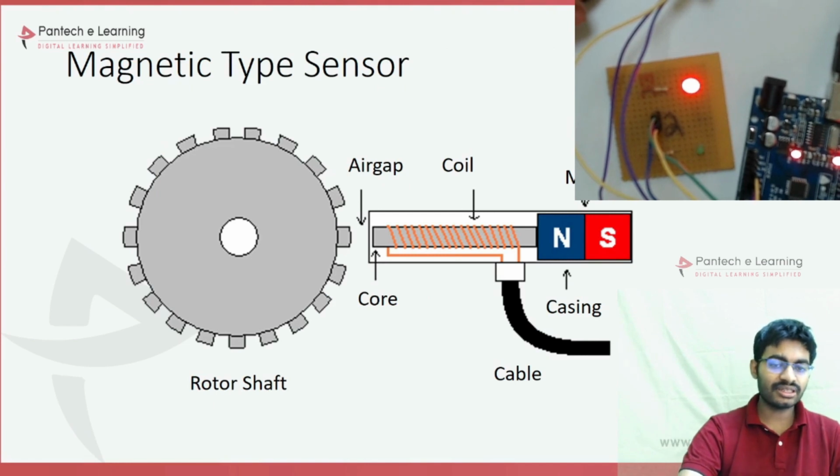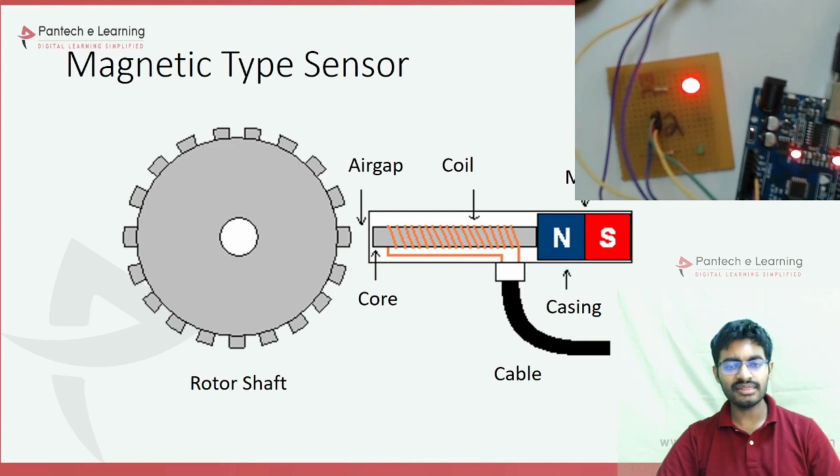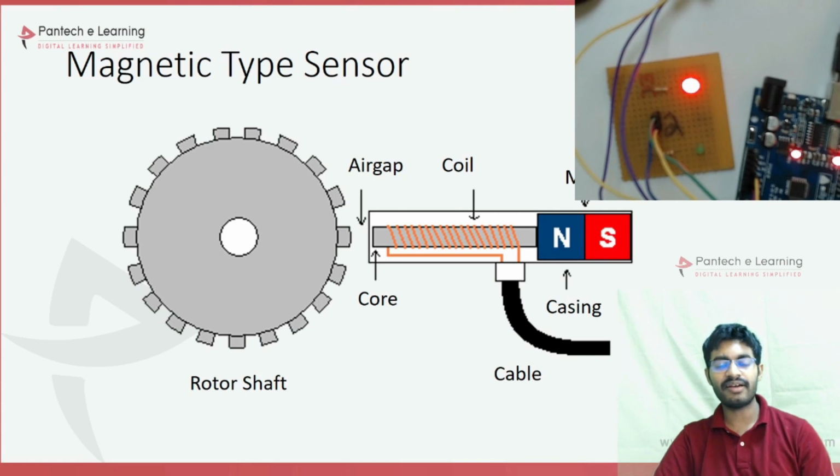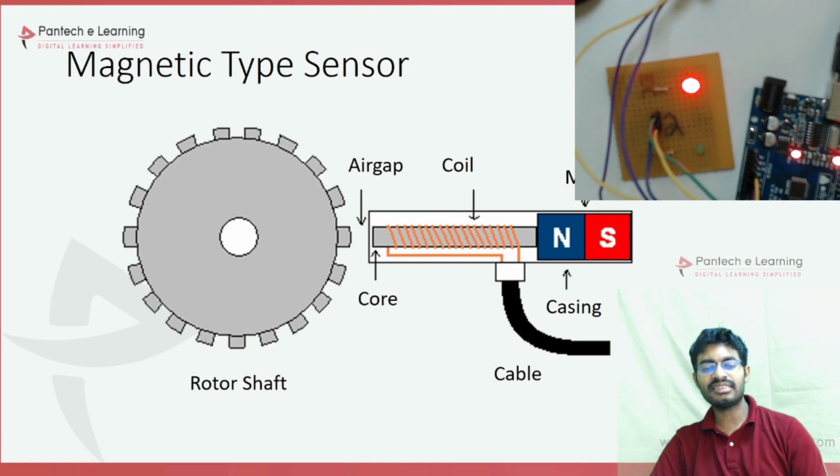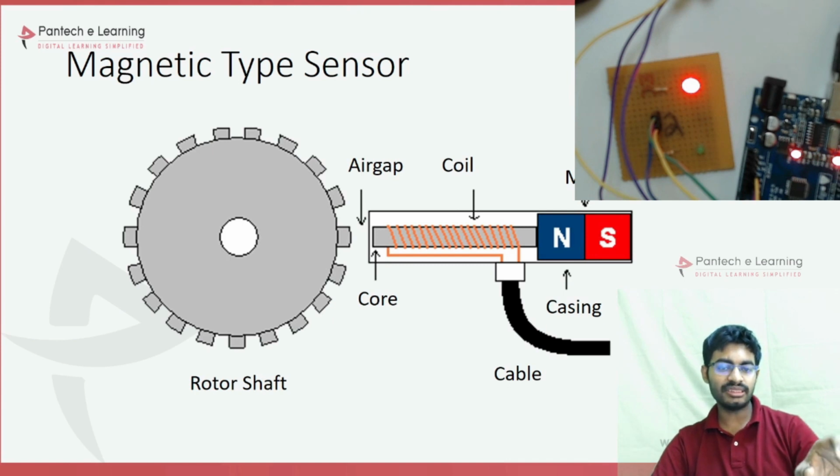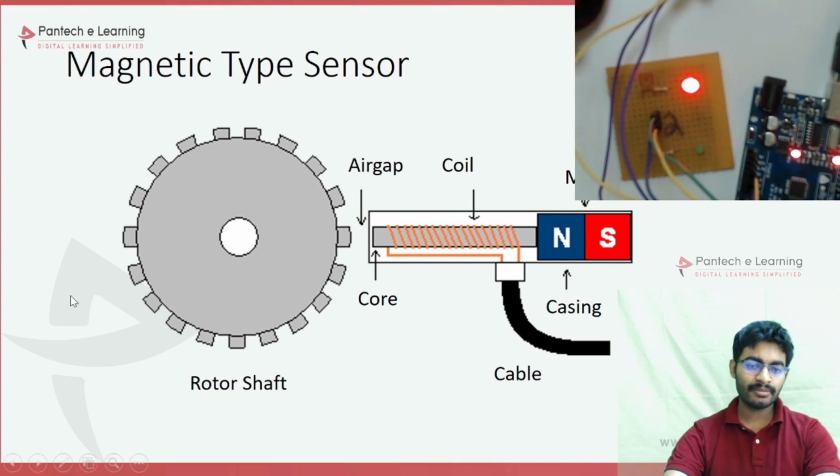First, let us see the function of the magnetic type. Inside this magnetic type sensor, we have the rotor shaft of a motor which is continuously rotating, and each part of the shaft has a different pattern. But those patterns cannot be recognized by a sensor, so the color is changed. For example, inside this pattern one pattern's color will be slightly changed.